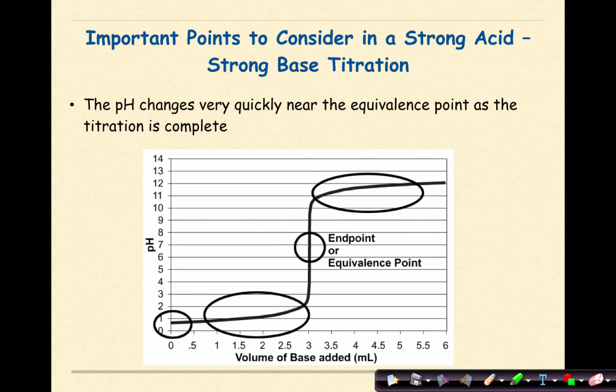The pH changes very quickly near the equivalence point as the titration is complete. So this point right here is known as the end point or the equivalence point. And it's at this point where our moles of hydrogen ions will equal our moles of hydroxide ions. And this is a very important thing that we're going to be looking at over the next couple of days.